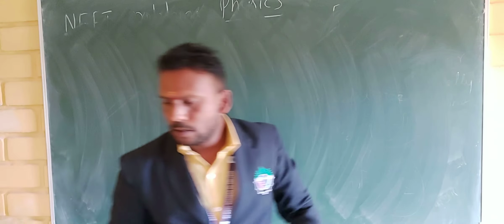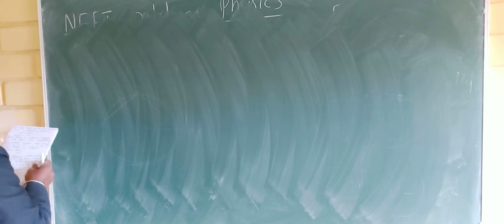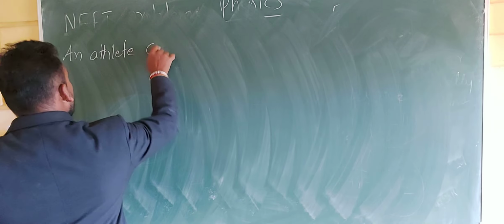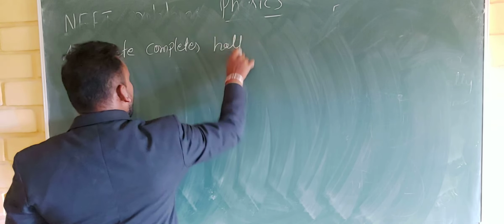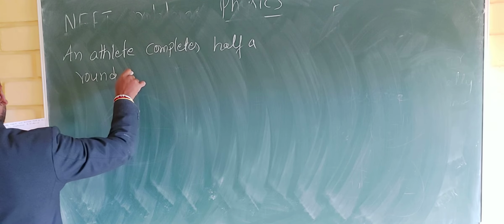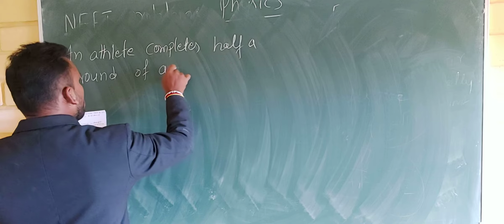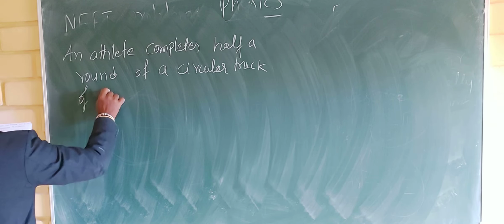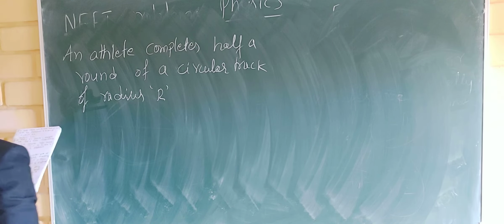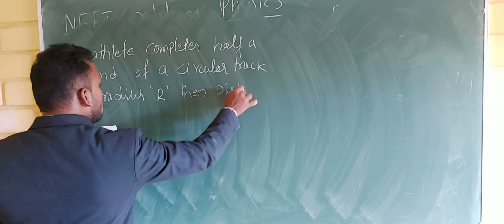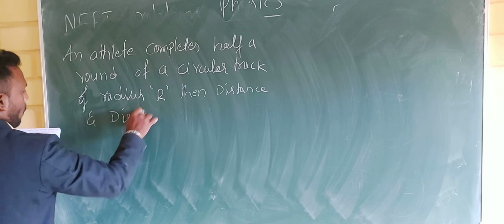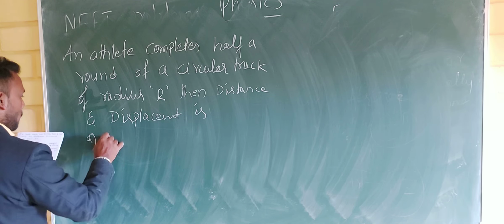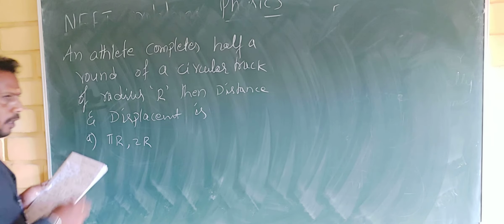Write down the question. An athlete completes half a round of a circular track of radius R. Then distance and displacement are: option A, pi r and 2r.